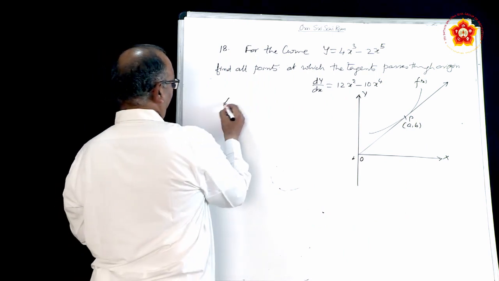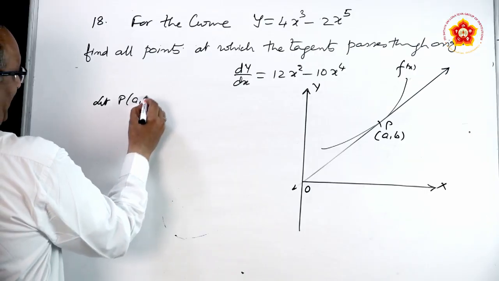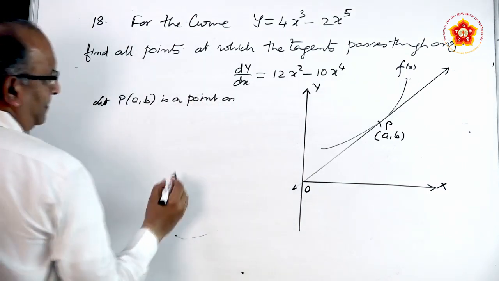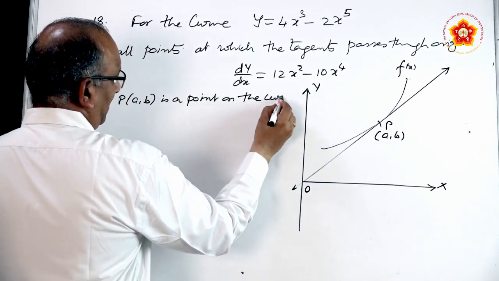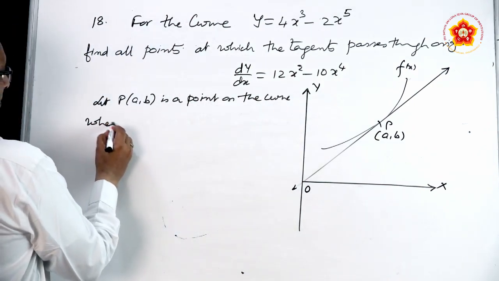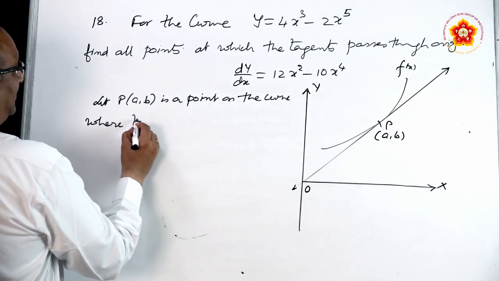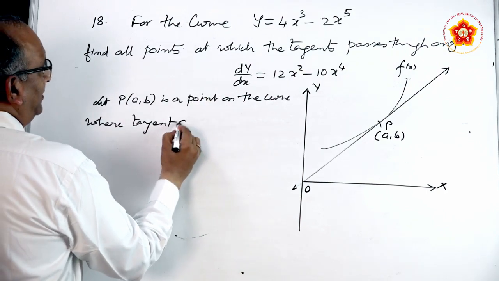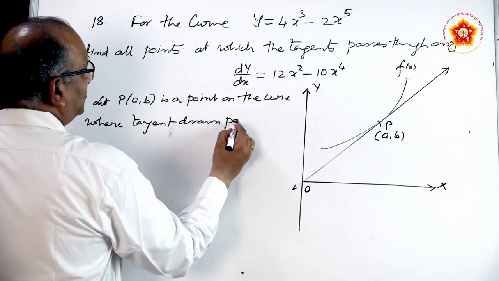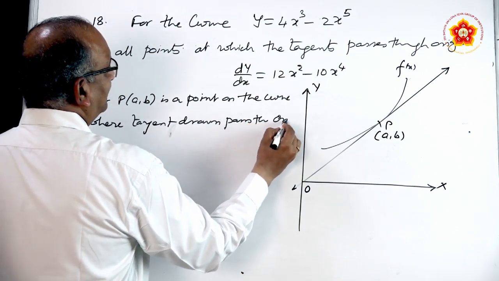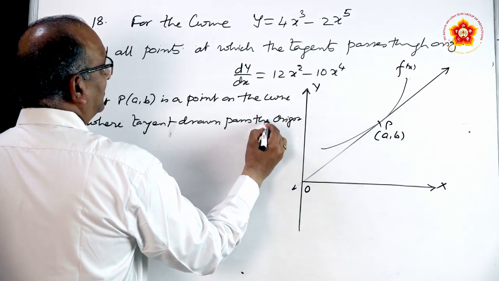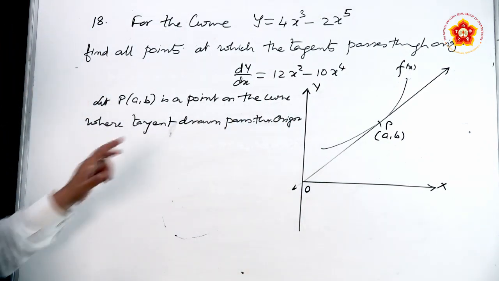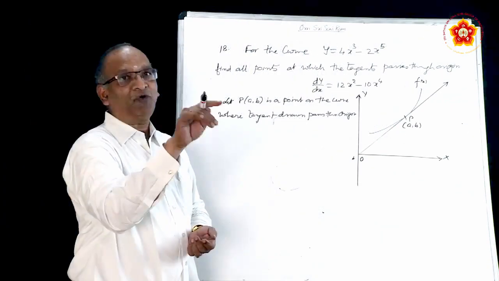Let P (A, B) be a point on the curve where the tangent drawn passes through origin. Where the tangent is drawn, when we draw the tangent, it passes through origin. We need to know what is that point.